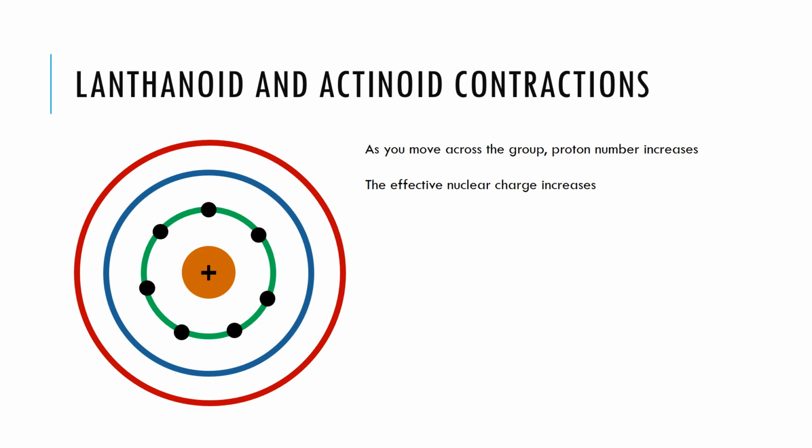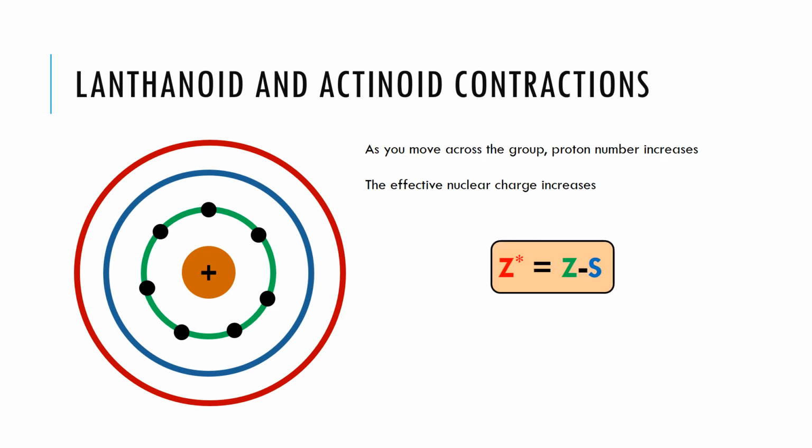Now, as we move across the group, the proton number increases. We're adding protons as we move across the group, and therefore the effective nuclear charge increases. Right? The attraction that electrons feel to the nucleus increases as we increase proton number.